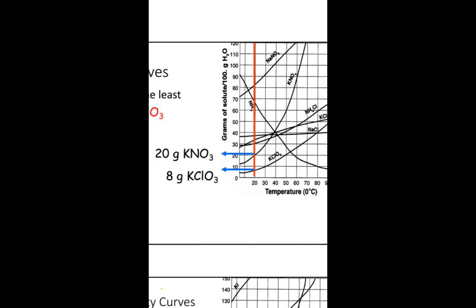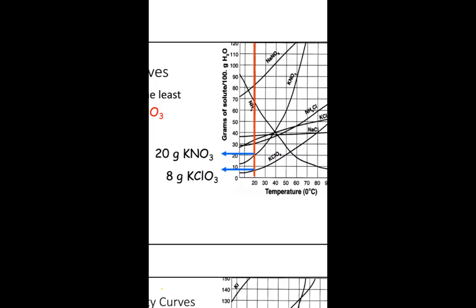According to what I have on the slide, it is 8 grams of KClO3. So 8 grams of KClO3 gives the least mass of salt that can get dissolved at 20 degrees Celsius from the graph.